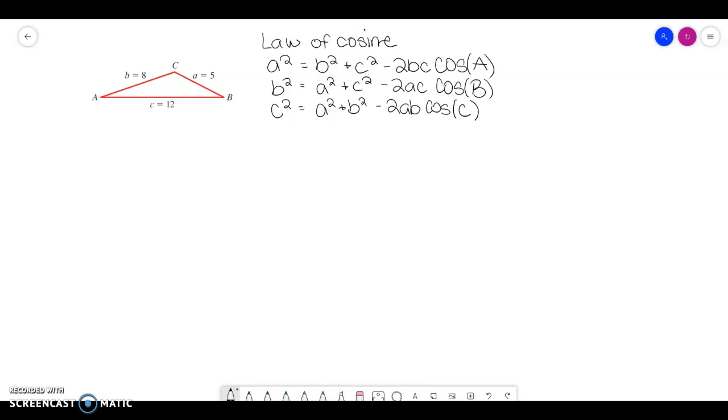You'll notice we are given all three sides. If I want to solve for angle A first, I'm going to use this top equation, because here's my angle A. So I'm going to plug it in.